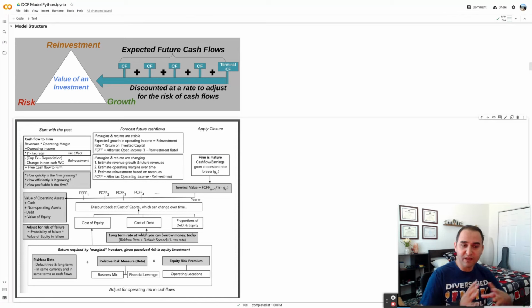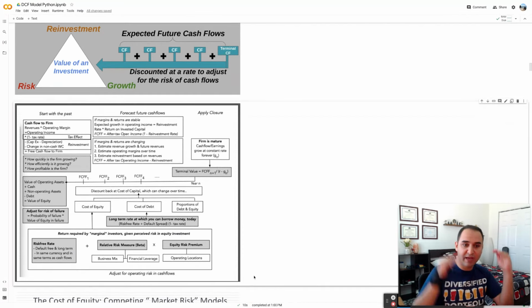So it all comes together. You have risk, you have growth, and you have reinvestment, and you have to provide the inputs to the model in a sense that they are tied together and keep each other accountable.